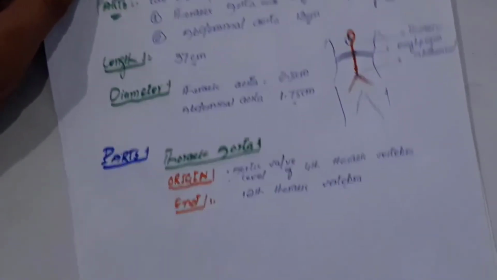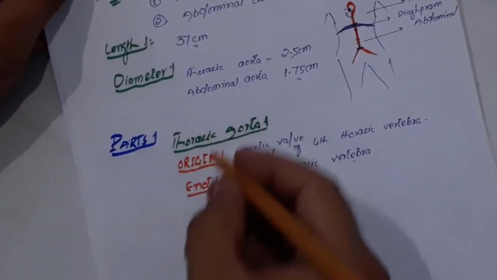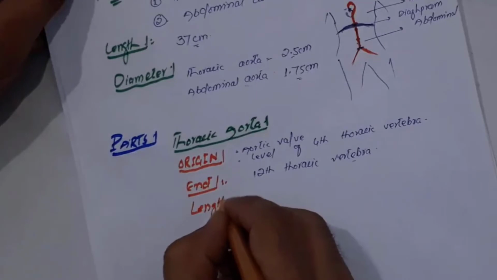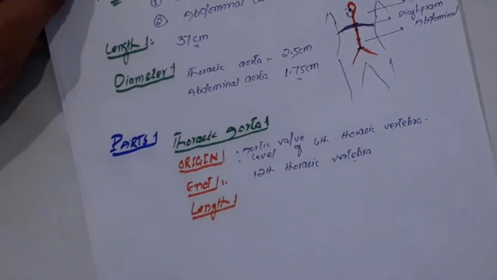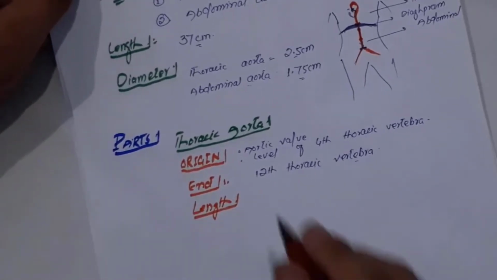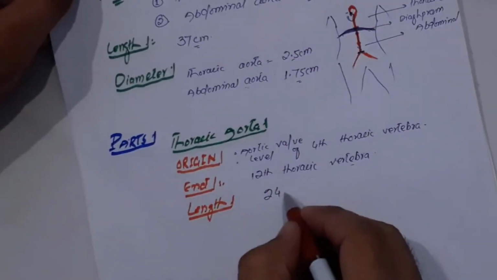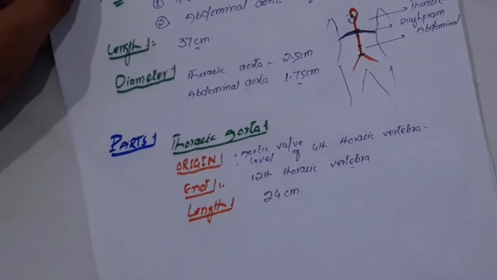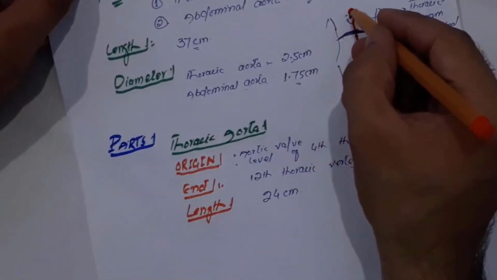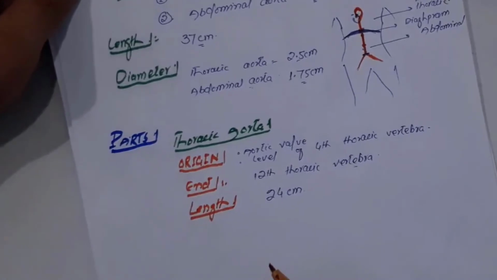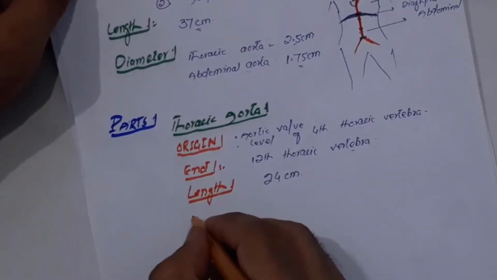The next important point is what is the length of the thoracic aorta? So its length, as I have mentioned here, is about 24 centimeter, from the origin point up to the end point. And what is the next point?